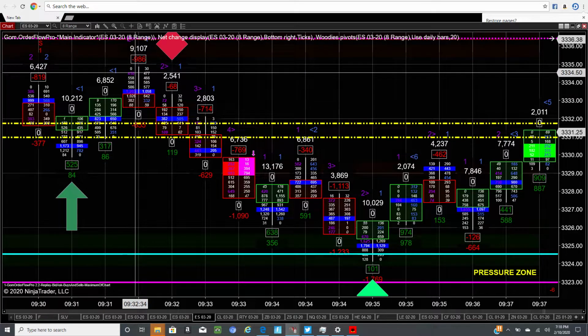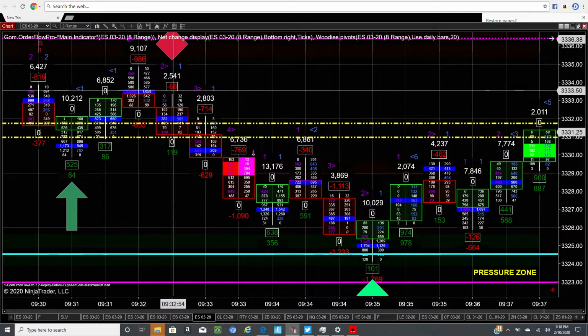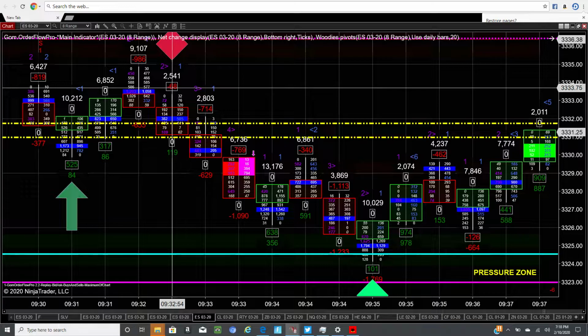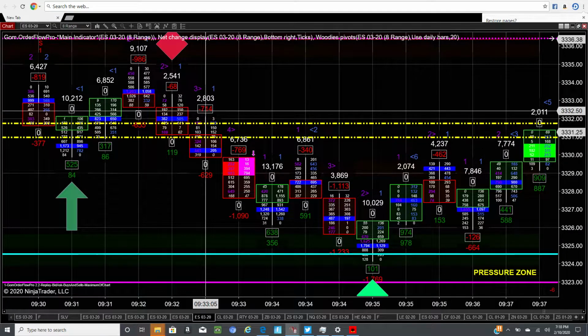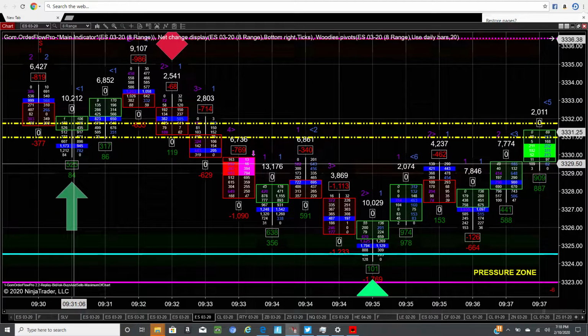So with negative 986, you had some decent downward pressure there. Not a whole lot there, but then it started to pick up steam again. And here you had 317 on the COT and 525 on the COT. So the numbers inside those boxes are a measure of pressure.